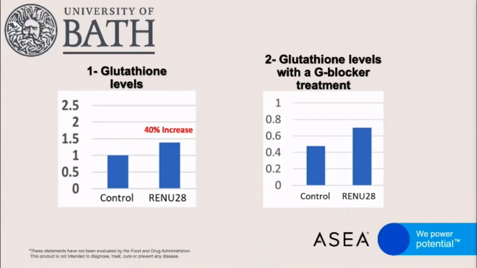Then, when they measured zero production of glutathione, they added Renu28 to these cells that were not producing glutathione. What was the result? When they added Renu28, the cells were able to restore glutathione production by 55%.